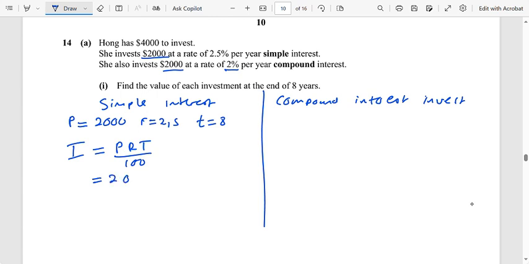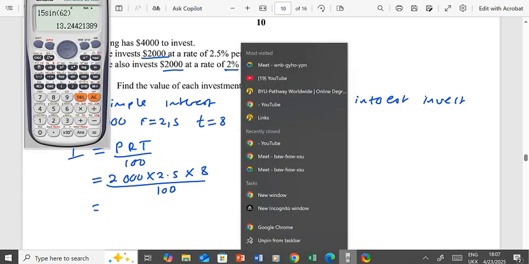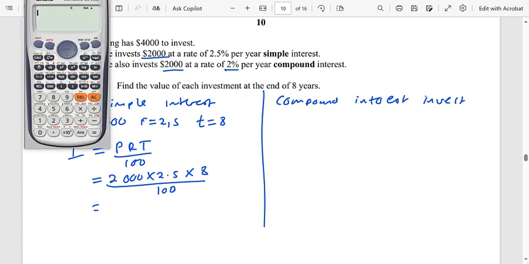The principal is 2,000 times a rate of 2.5 times the time of 8 years, over 100. So if we say 2,000 times 2.5 times 8 over 100, we get 400.